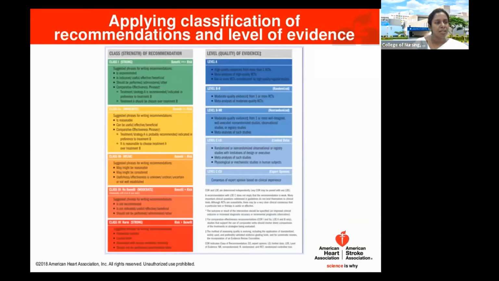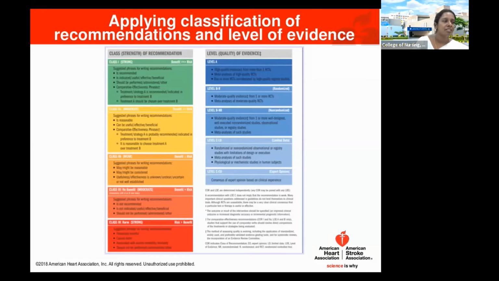When I go through the slides, or when you're using the slides for reference, please know these two terms. One is called the class of recommendations, COR. The second one is called the level of evidence. It will be written in the slides as COR and LOE. COR is class of recommendation and LOE is level of evidence.